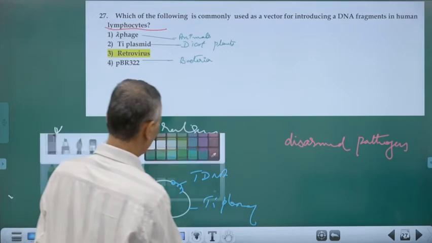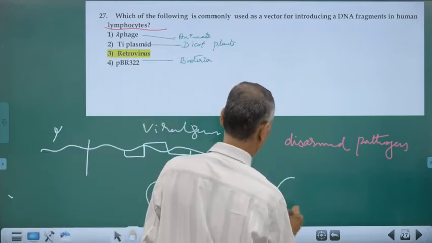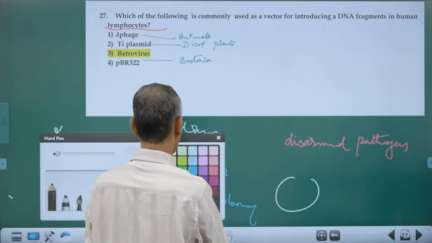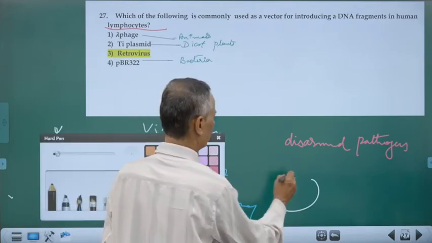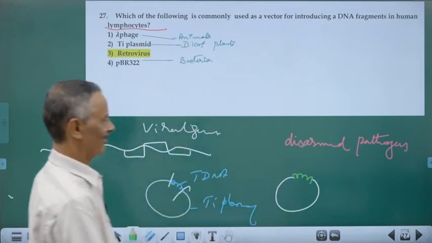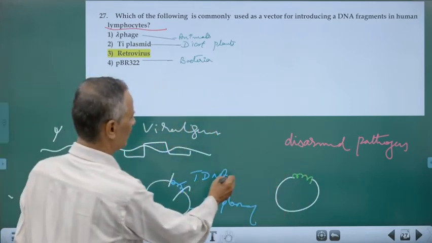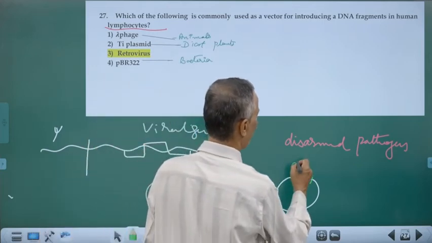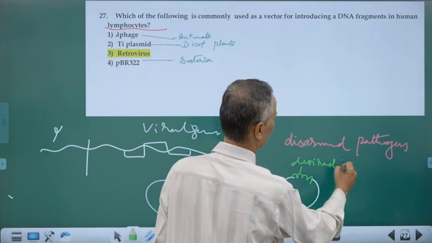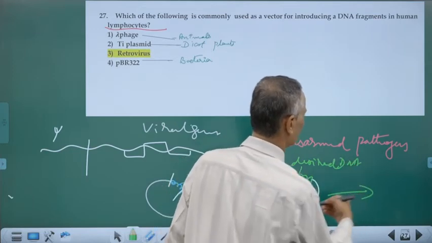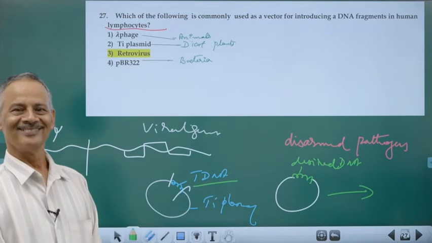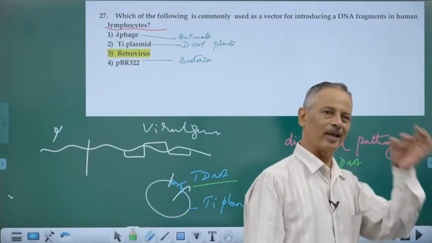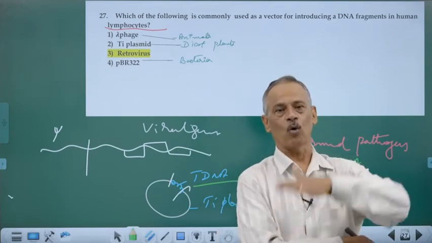Now, we take it out, remove the tDNA and replace it with our desired DNA. This tDNA is cut and removed, and in its place you add our desired DNA and give it to a plant cell. It will faithfully transfer that desired DNA only into the genome of the host.